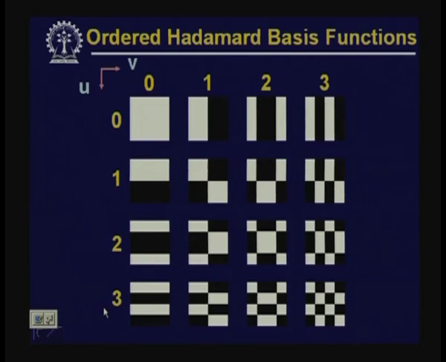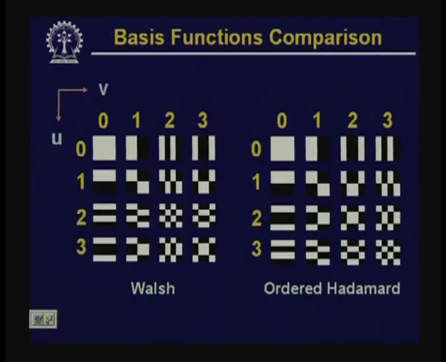And using these ordered Hadamard basis functions, if I compare them with the Walsh basis functions, you find that the basis images in case of Walsh transformation and the basis images in case of ordered Hadamard transformation are identical, but there is a difference in the ordering of the Walsh basis functions and the ordered Hadamard basis functions.